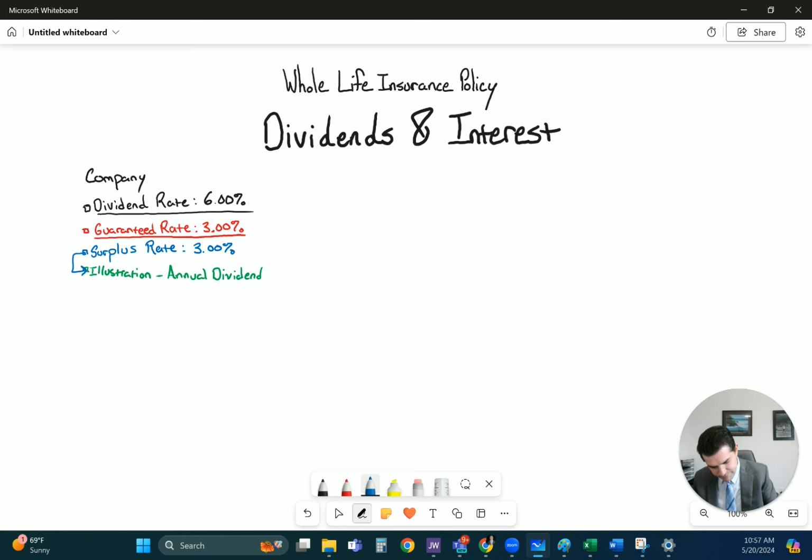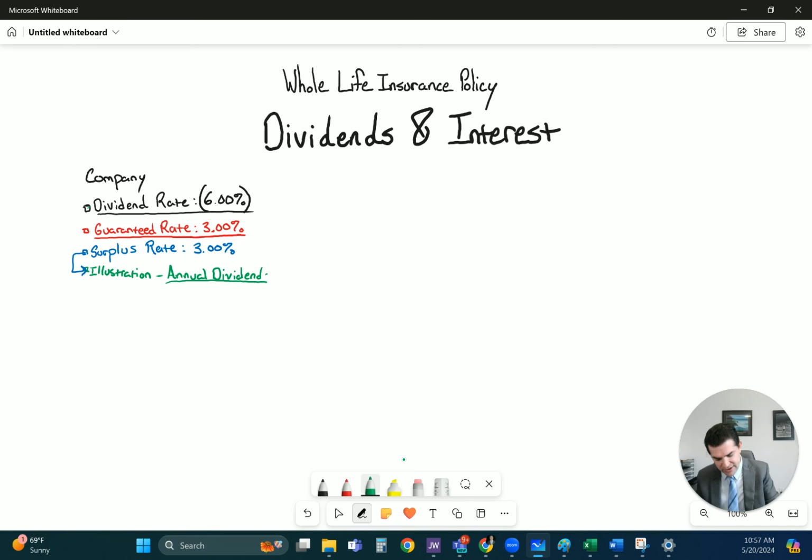Do you think that's confusing? I do. Here's why. If a company tells me that they have a 6% dividend interest rate, and I see on that company's life insurance illustration a column that says annual dividend, what am I going to assume that annual dividend represents? 6%, because it's the same term, dividend rate and annual dividend, but it doesn't work like that.